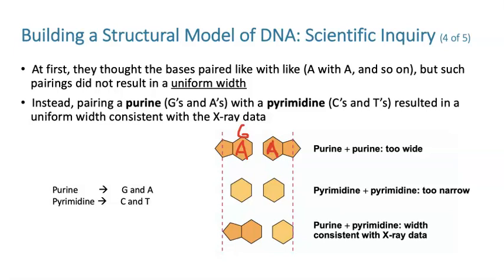Now, I do have a quick mnemonic for you here to remember purines and pyrimidines. The way I remember it is GA, the symbol for Georgia, and C and T, the symbol for Connecticut, the state of Connecticut.